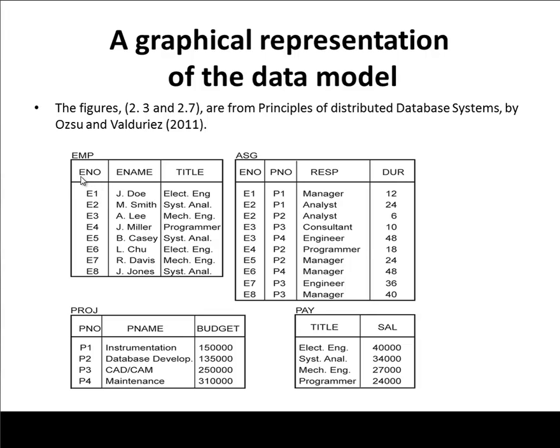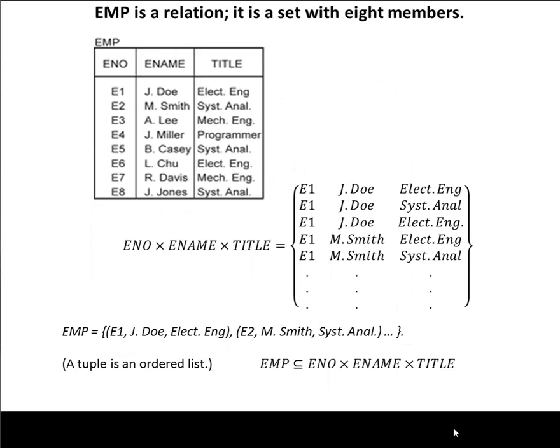You know, what does the value of an employee number look like? When we talk about a set of data within the relational model, we call that set of data a relation. So we say that EMP is a relation. And in this example, it is a set with 8 members.